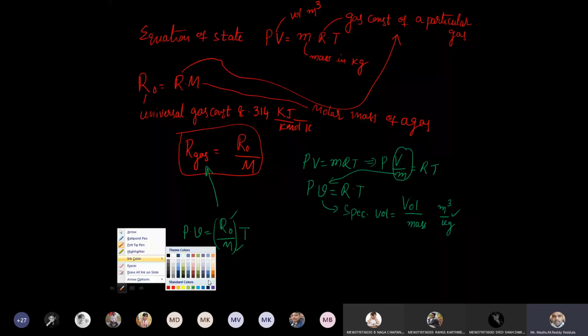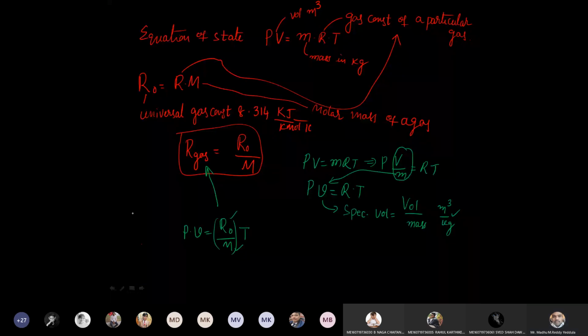If I write here, it is visible. PV is equal to M into R into T, or P small v is equal to RT, or P small v is equal to the universal gas constant by molecular mass into T. You should not have any doubt about these three equations.